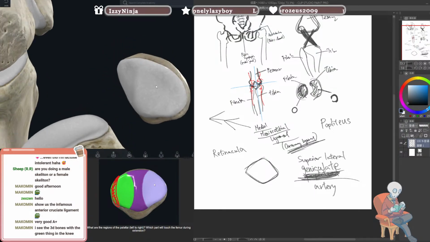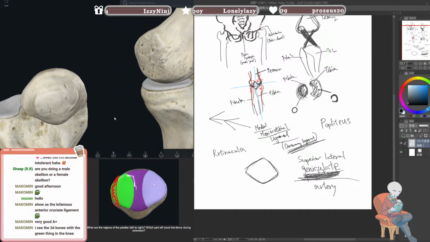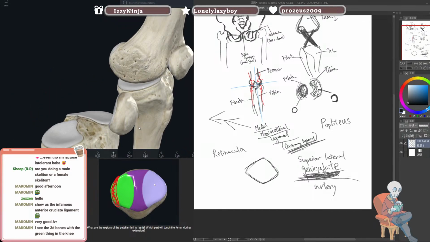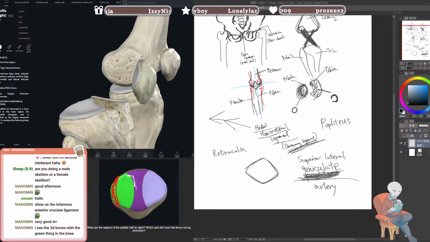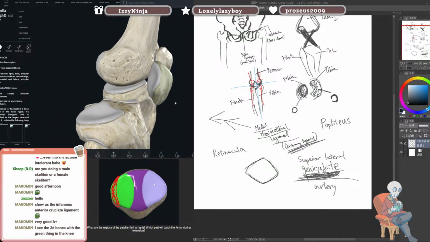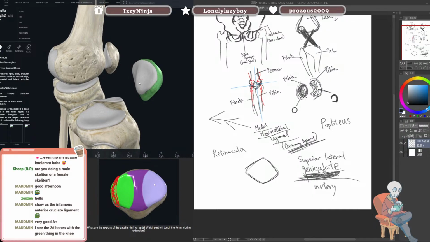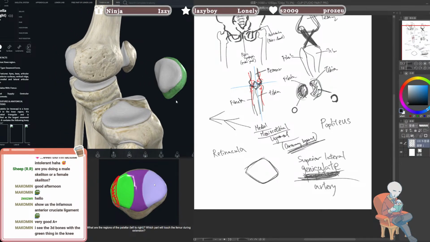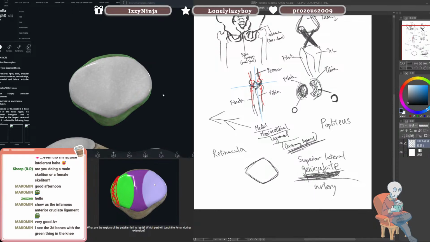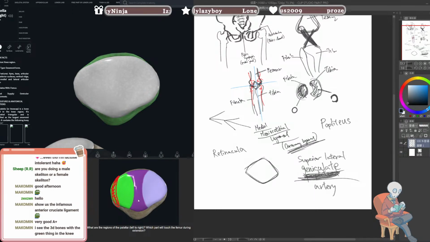If it is the front of your kneecap, it'll be very smooth, without anything protruding, but the other side, the middle part, has a line of protrusion. I'm not sure how to describe it. And here it asks which part will touch the femur during extension, which I have no idea.